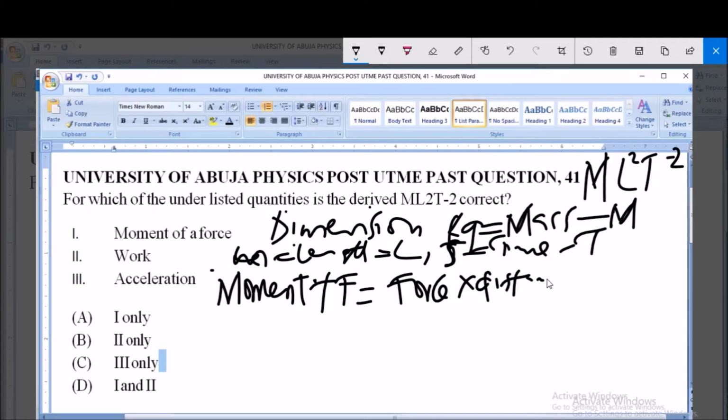Newton is the same thing as kilogram meter per second squared. That is Newton for you, because force is mass times acceleration, and mass is kilogram, acceleration is meter per second squared.